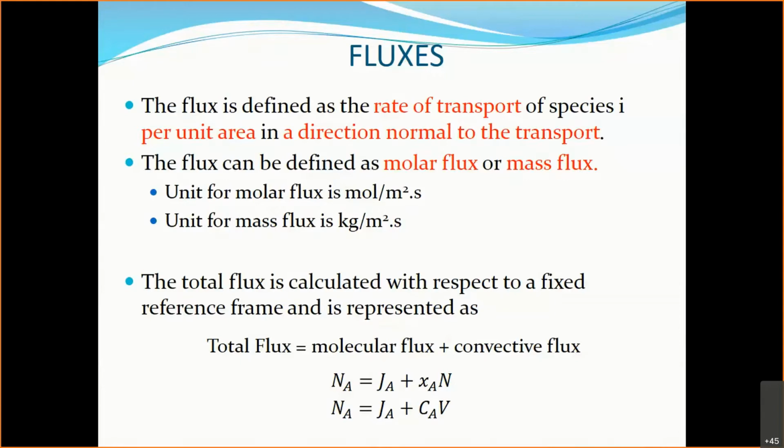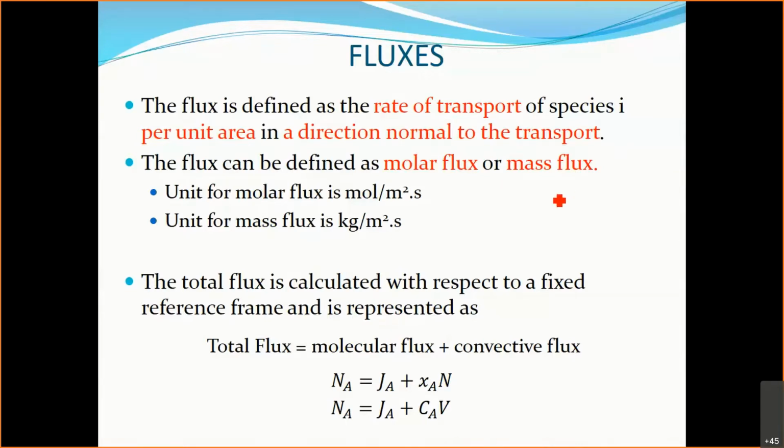Okay, flux is defined as the rate of transport of a species per unit area in the direction normal to the transport. If you look here, you can have molar flux and mass flux.